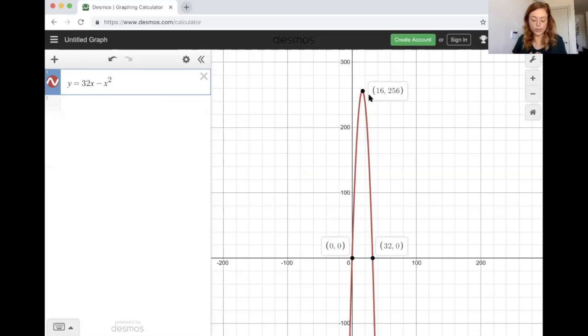Okay, part C said, what dimensions can Fernando use to give the rectangular pen the maximum area? Hopefully when you hear the word maximum or minimum, your brain goes to that turning point, that vertex point right here. Remember the side length is our x and our y is the area.